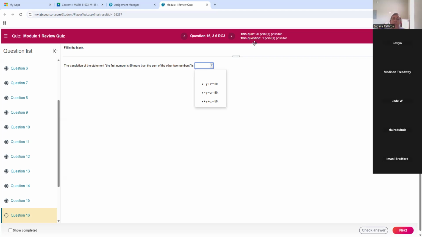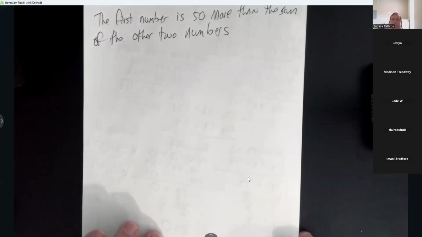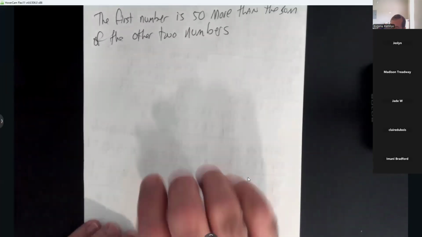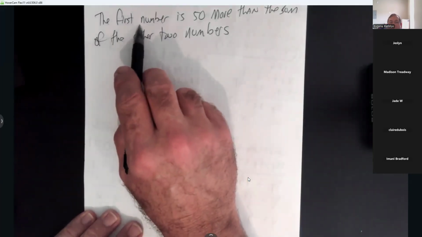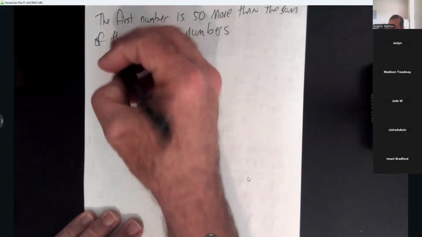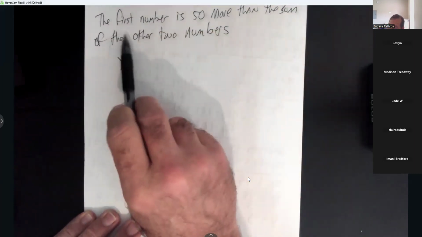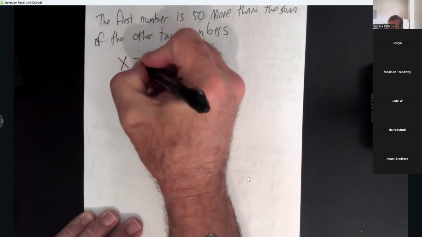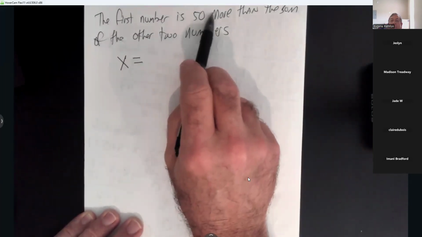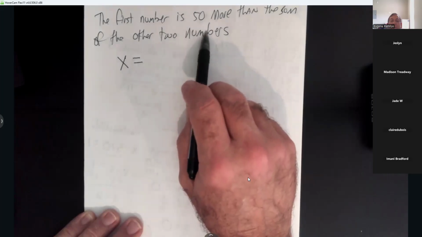So y'all's will be really similar to mine. So let me show you what they're doing on this. So they just want you to be able to read this. So technically, I don't know that first number, so I'm going to let that be X. So X equals 50 more than the sum of the other two numbers.